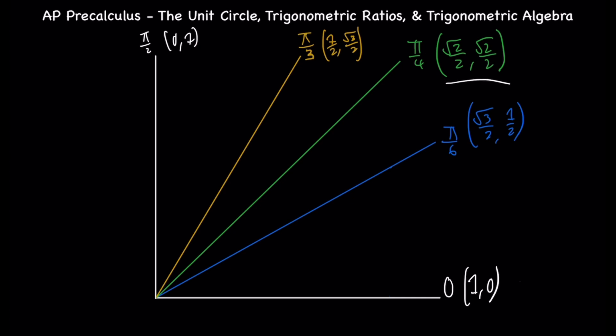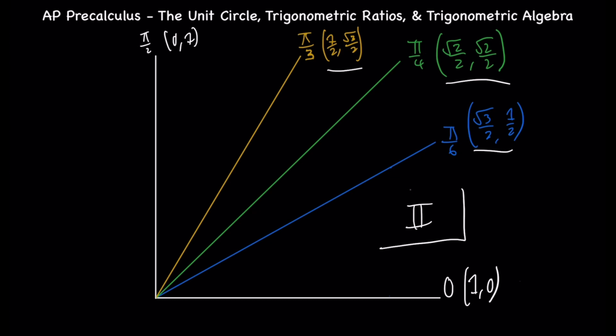And these coordinates that we've just solved for, for the most part, are going to stay the same throughout the next three quadrants. The only thing that's going to change is their positive and negative signs. Say we have quadrant 2. The y value in quadrant 2 is still positive, so we're still going to have positive 1/2, positive root 2 over 2, and positive root 3 over 2.